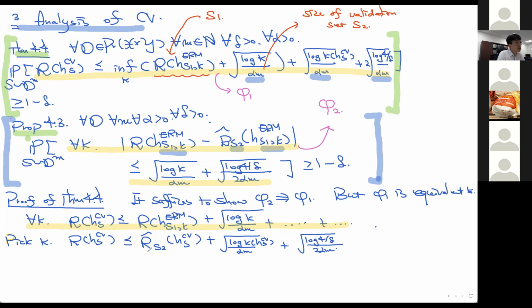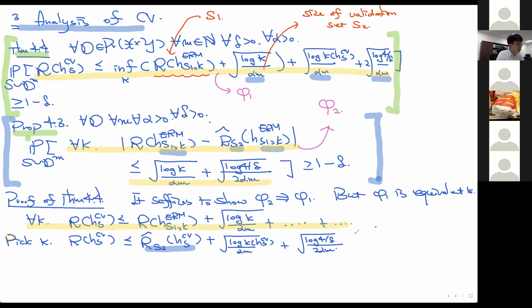But because the way we obtain the cross-validation solution is by solving an optimization problem, if we replace this part, the solution of cross-validation, by any other ERM solution from a different hypothesis set, then this part will become larger.